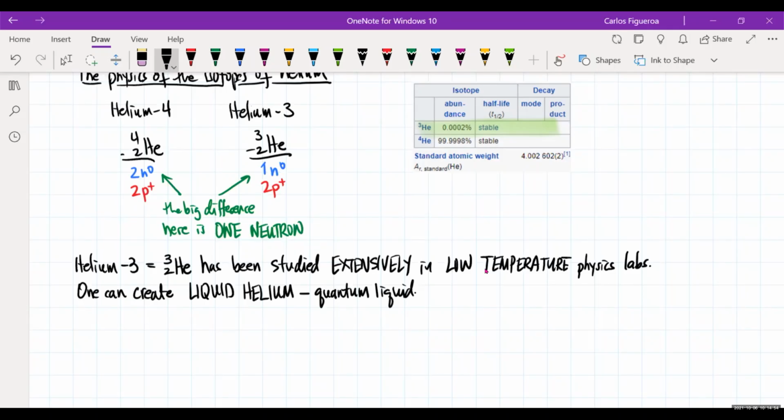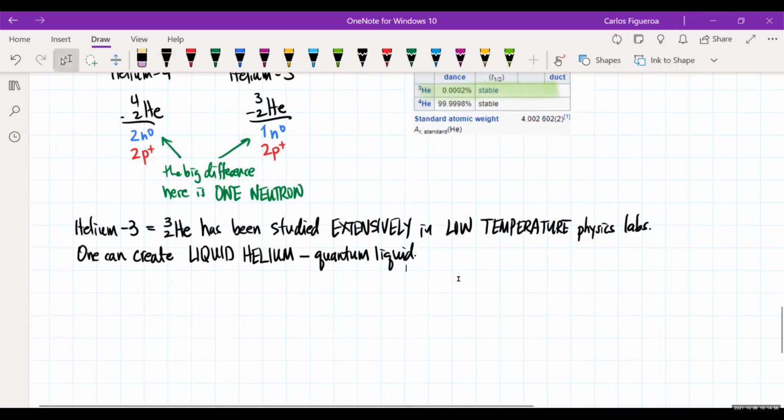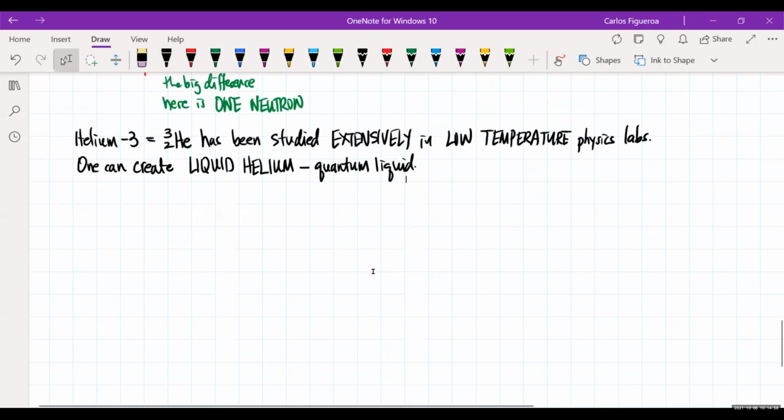scale. So before I explain what a quantum fluid or a quantum liquid is, I need to bring you up to speed. And we need to talk about the phases of matter.